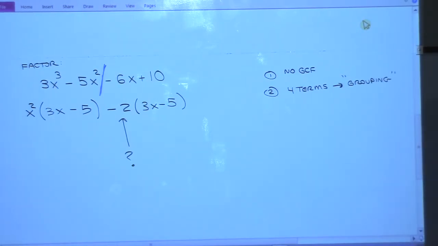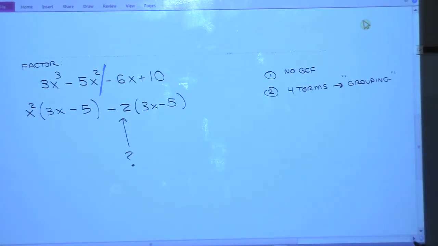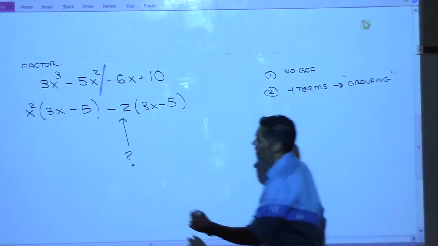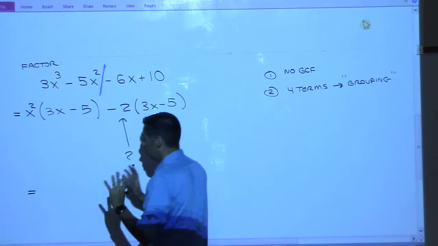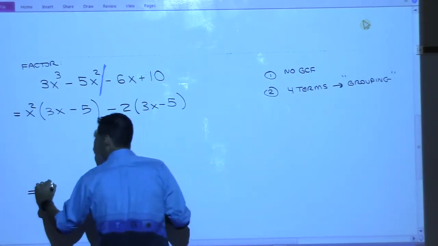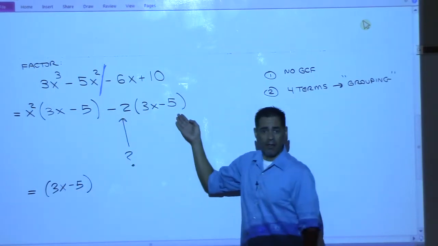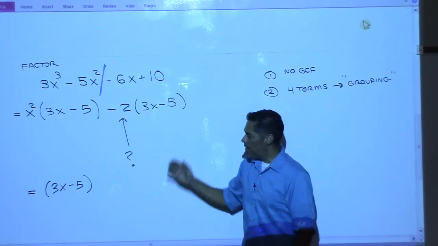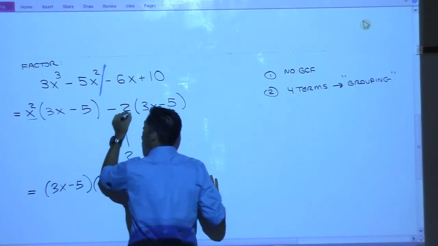Okay, the next step still confuses students in my calculus class. They know how to do it, but they don't know what they're doing. So the next step, let me write down what it is, and then I'll explain what we did. The next line should be 3x minus 5. That's what they have in common, right? And then, in parentheses, you're going to put the two things that were out front.